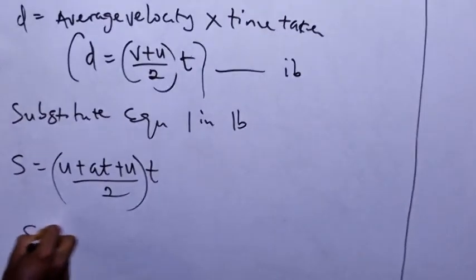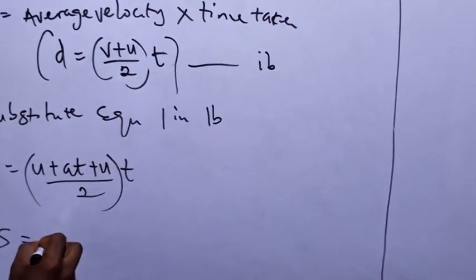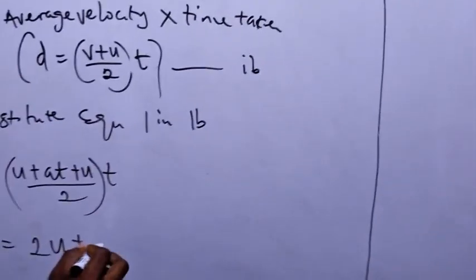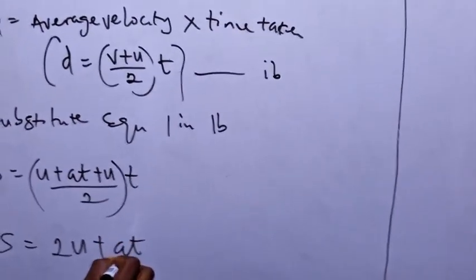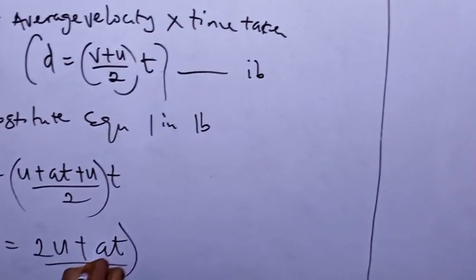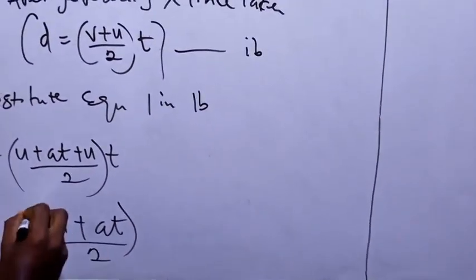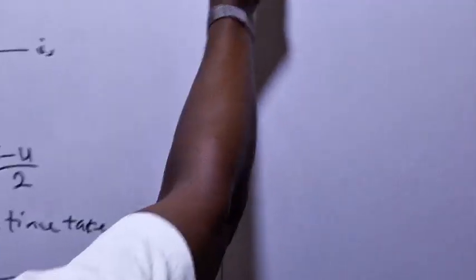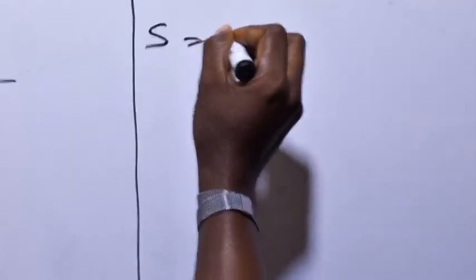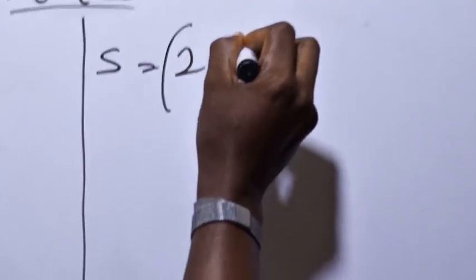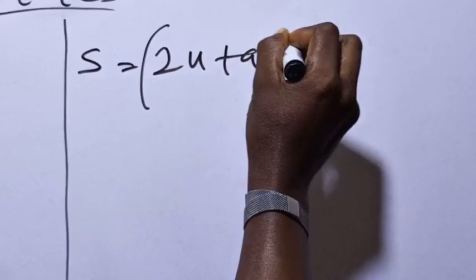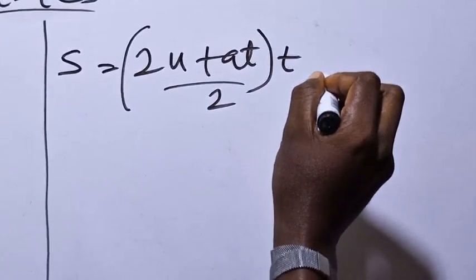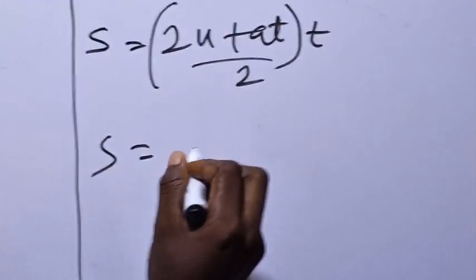Now we have that s equals 2u plus at divided by 2, multiplied by time taken t. Therefore x here, that distance, equals 2u plus at divided by 2 multiplied by t. Now we'll break them into two.